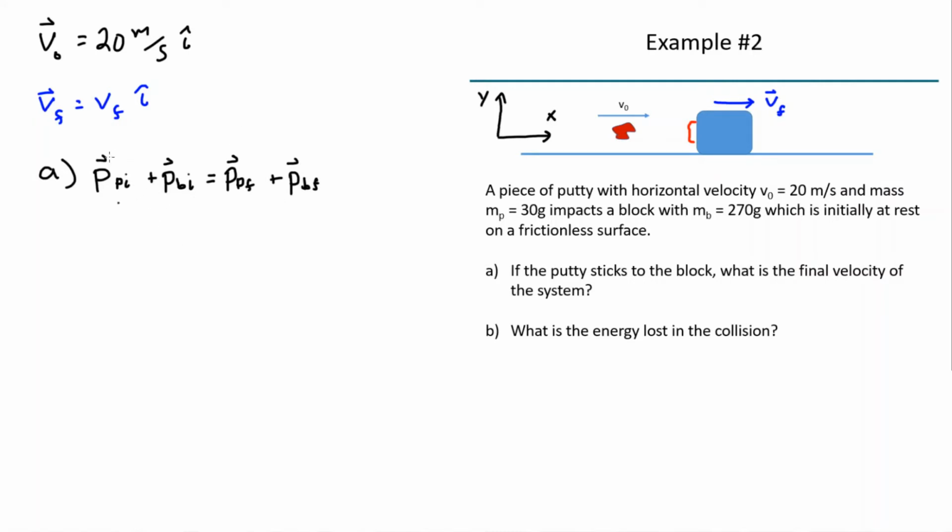First of all, we know the initial momentum of the block is 0. Block is initially at rest. The initial momentum of the putty is just going to be the mass of the putty, MP, times V initial.